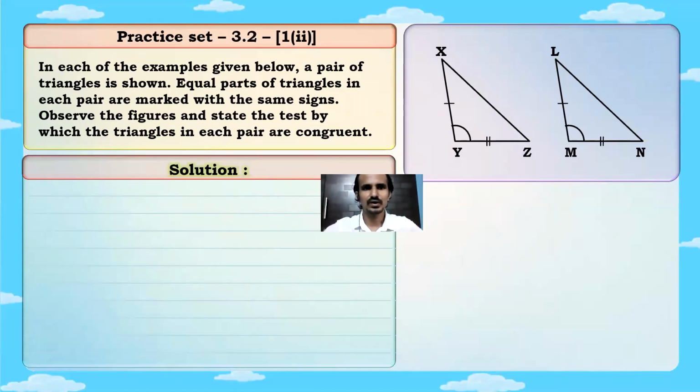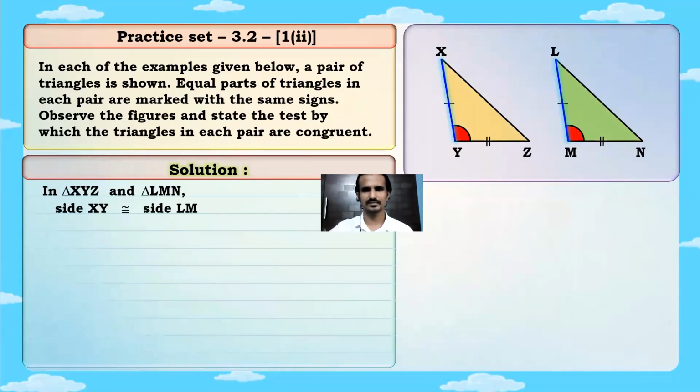So, okay, Harshit Bhalani, I am unmuting you. You can speak, Harshit. Tell me, what will you write the solution? Sir, in triangle XYZ and triangle LMN, side XY congruent to side LM, given.